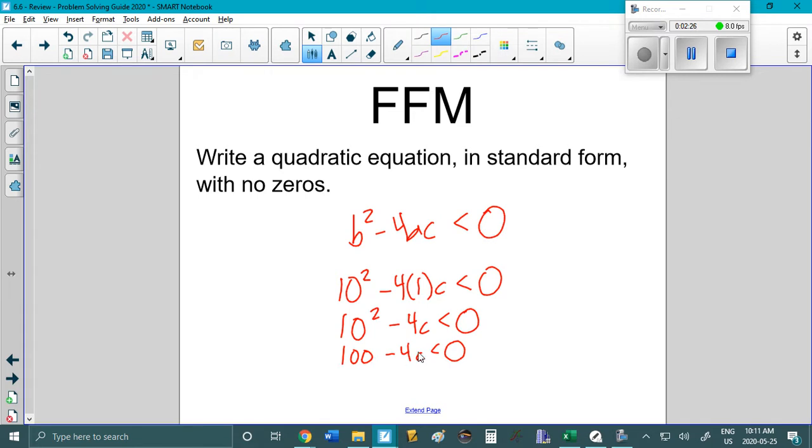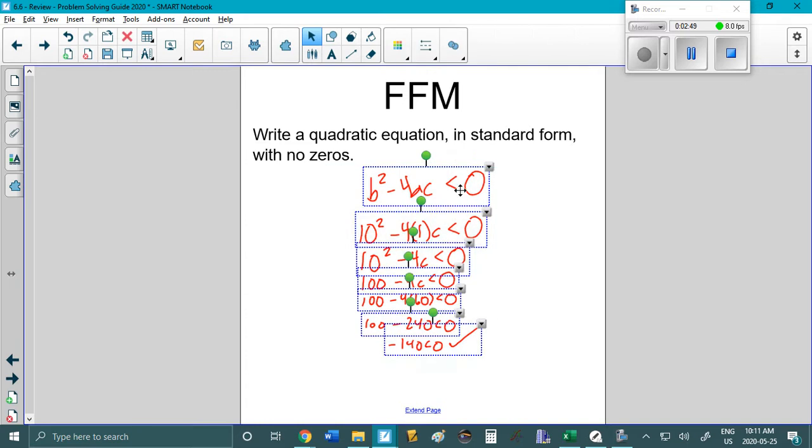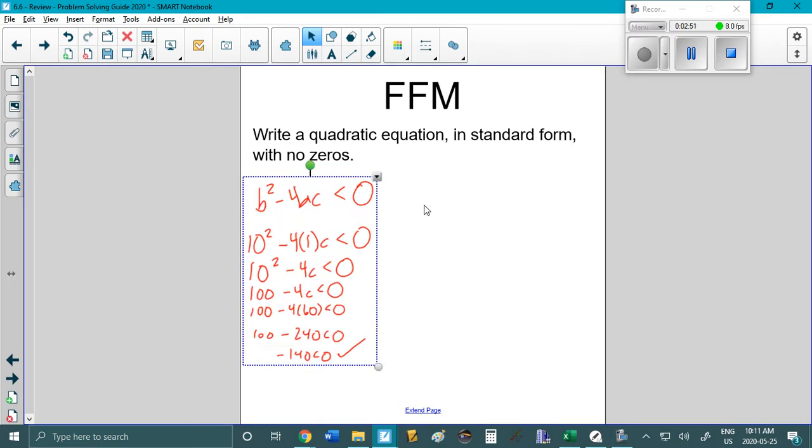Let's put in 60. So 100 minus 4 times 60. We want it to be less than 0. 100 minus 240 is less than 0. And we get negative 140 is less than 0. That's true. Okay, so we have our values. Now you could have done this a whole bunch of other ways.